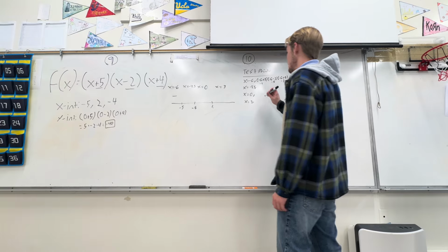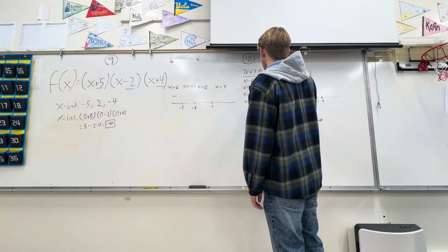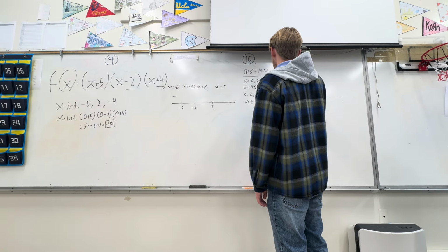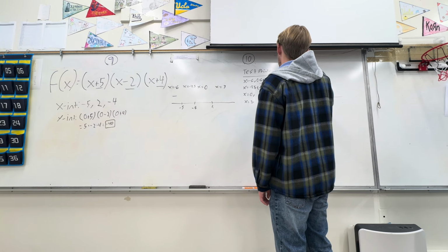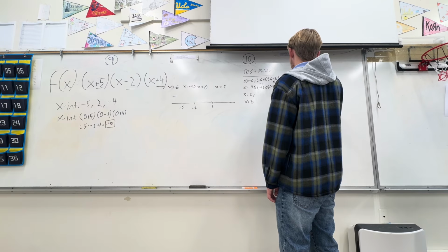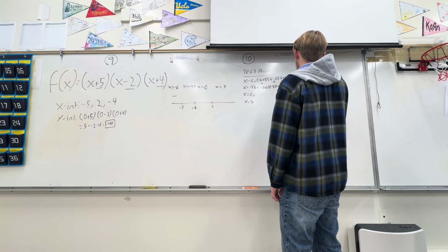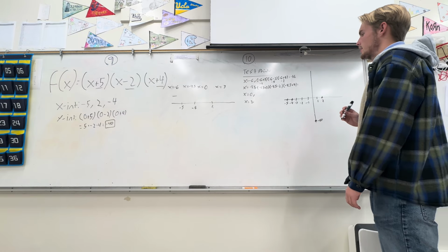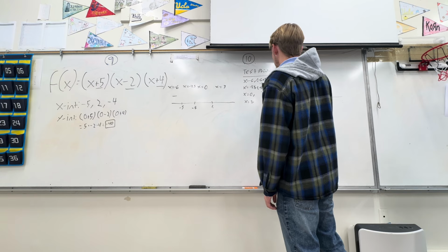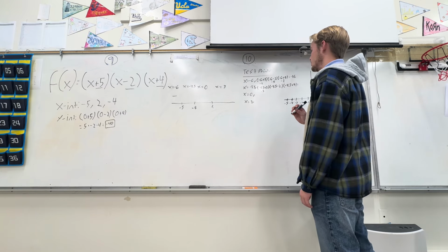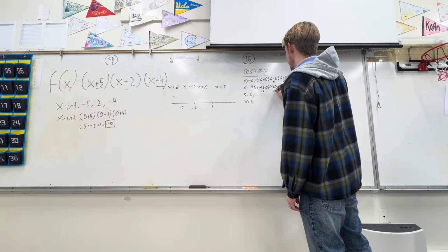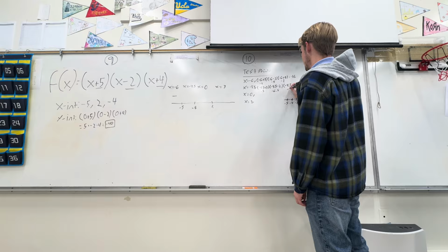Next, -4.5. We have -4.5 plus 5 times -4.5 minus 2 times -4.5 plus 4. And so this is 0.5, this is -6.5, and this is -0.5.